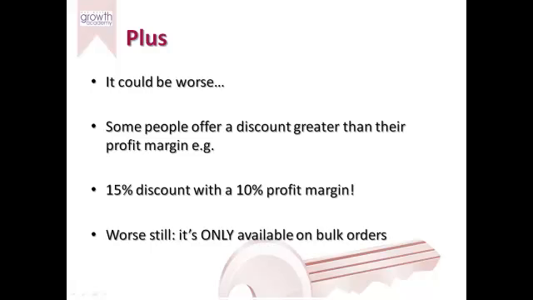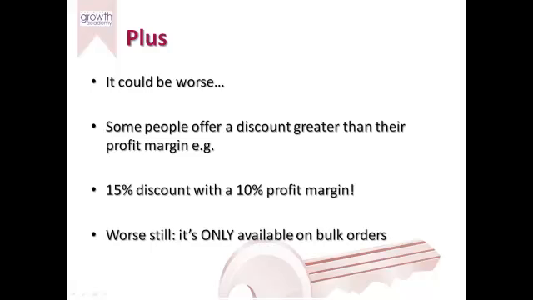Now, it could actually be worse, as I alluded to before. I've seen many businesses do this, where they offer a discount greater than their actual profit margin. So they offer a 15% discount with only a 10% profit margin. I've seen people in retail and production process businesses particularly do this to a rife level. I've seen it so many times.